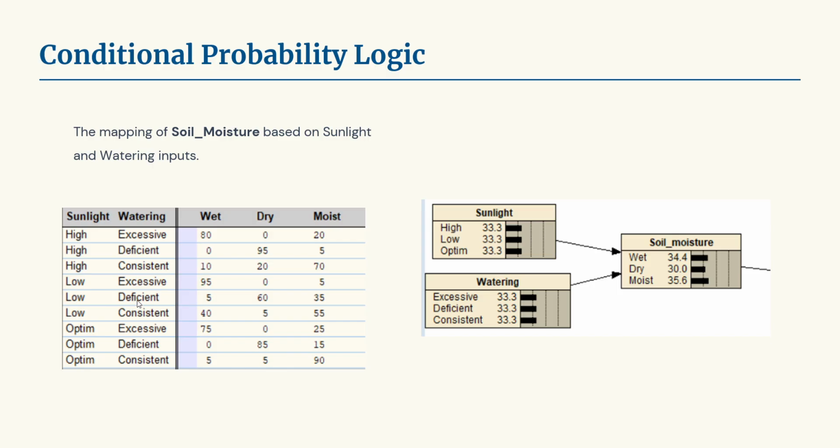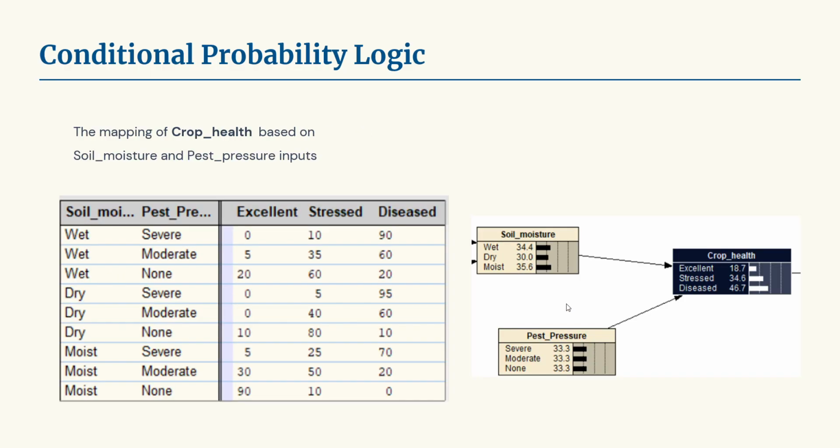This might allow us to observe conditional probability logic in action. As we can see, the sunlight and water directly affect the soil moisture, and in the table, for all possible states of soil moisture, wet, dry, and moist, we have defined a numerical probability value for every possible sunlight and water conditional pair. Similarly, crop health is derived from soil moisture and pest pressure.